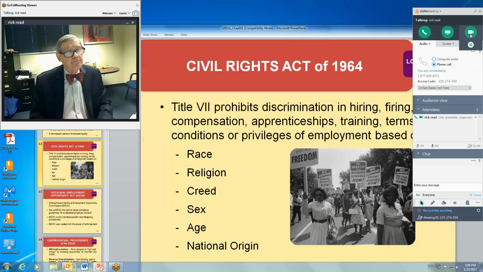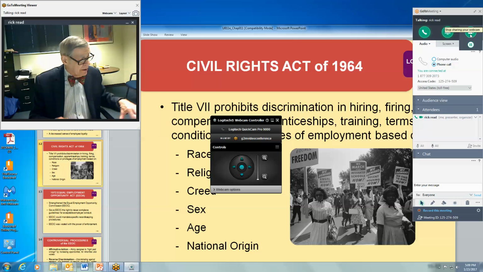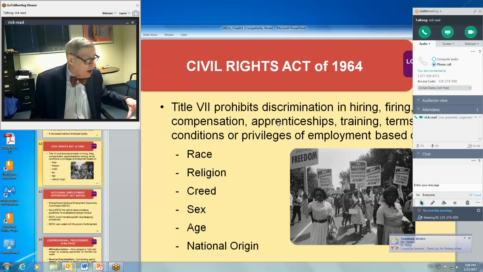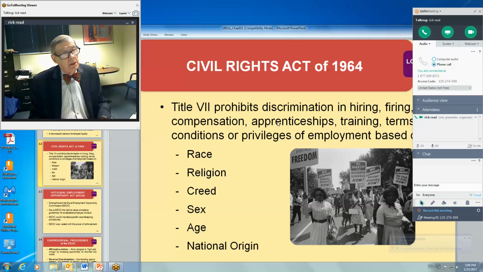What impacts HR today? This particular slide impacts HR today because we didn't have laws that actually, well, we might have had in some parts of the country, but we didn't have federal laws that actually discriminated against people.